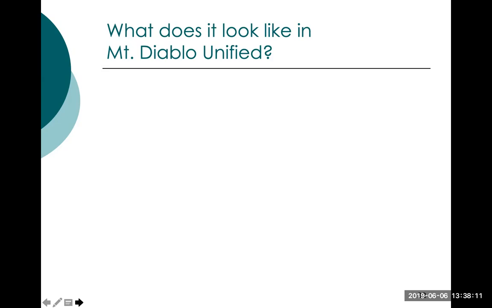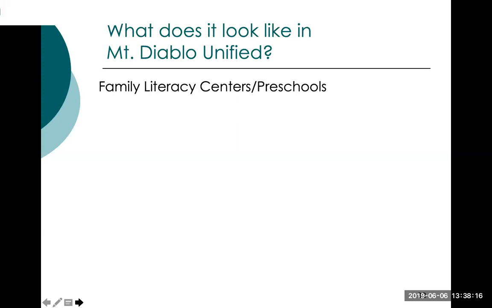So I'm going to run through this rather quickly because I can tell from people's responses that this is all very familiar territory to you, but I'll just run through this list. So we have family literacy centers with preschools. Those are actually buildings that we were able to put in using the CBAT funding that fortunately came to adult education. And those are still there today.